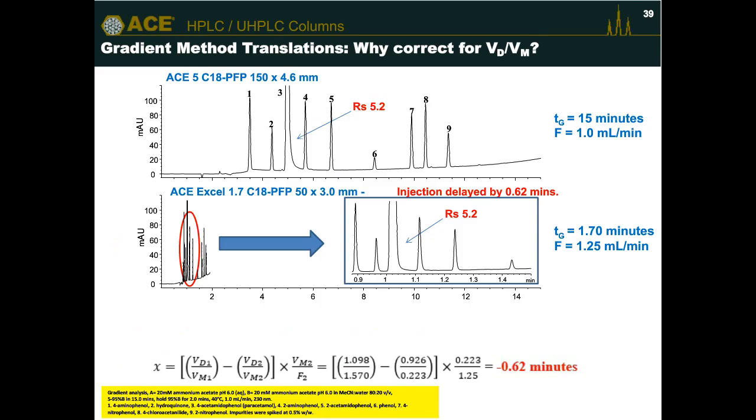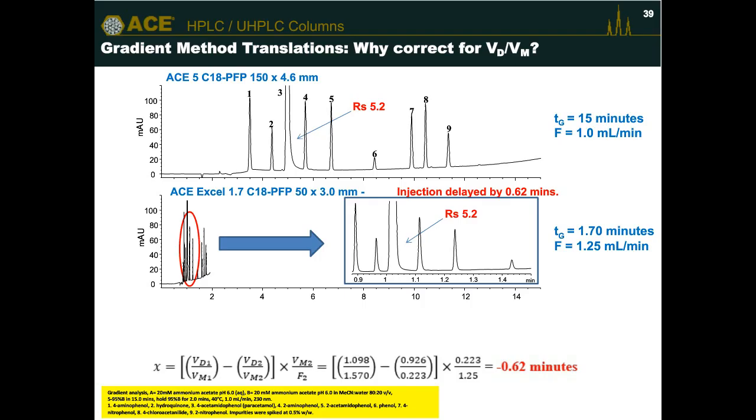Here we have a 5 micron C18 column, C18 PFP, 15 by 4.6, 15-minute gradient time, and 1 mL/min. We've moved this onto a much smaller column, so only a 5 centimeter column now with a smaller particle size, and had to modify the method to include a delayed injection.